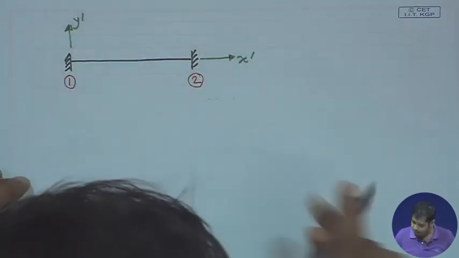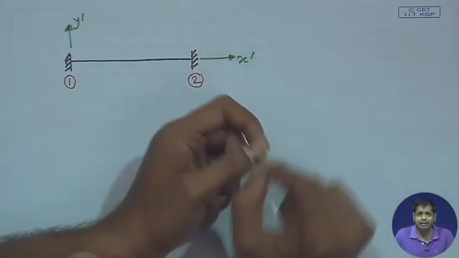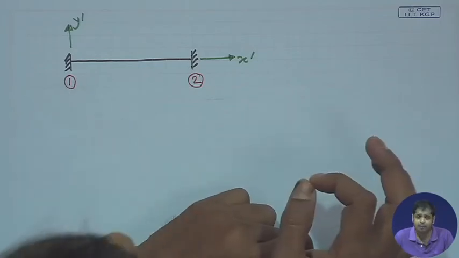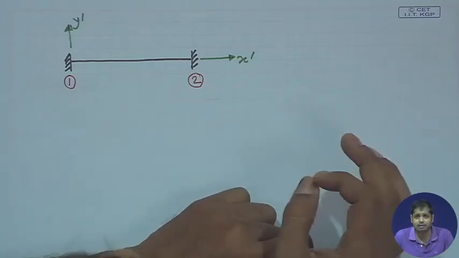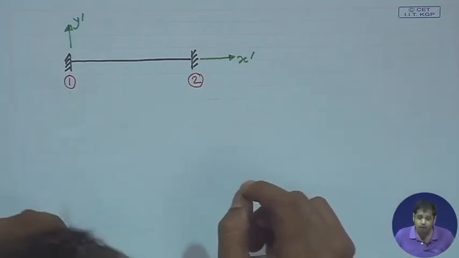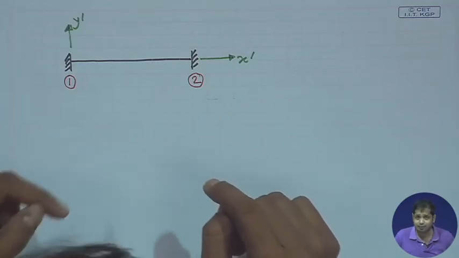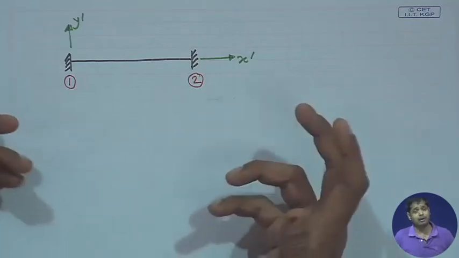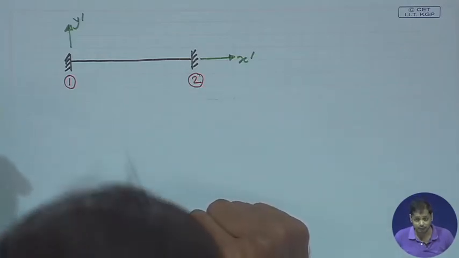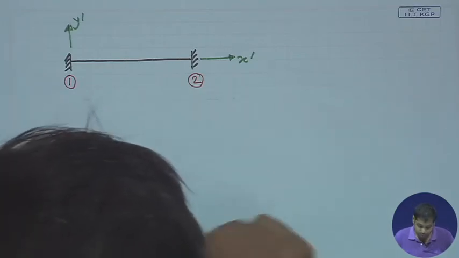Now let's define the degrees of freedom. As we know, any point in a two-dimensional plane has 3 degrees of freedom, 2 translations and 1 rotation. In the local coordinate system for a truss, only the axial translation is allowed. That's why for each truss member we had 1 degree of freedom at every point, so a total of 2 degrees of freedom for any member.